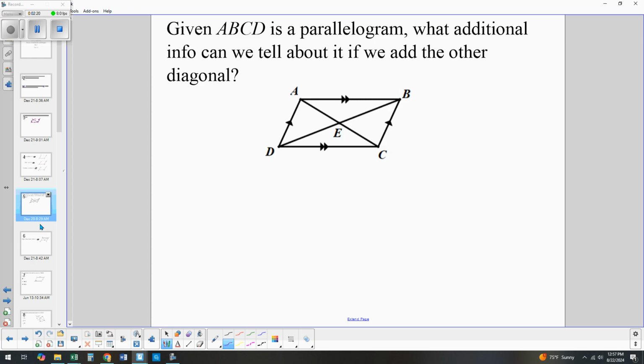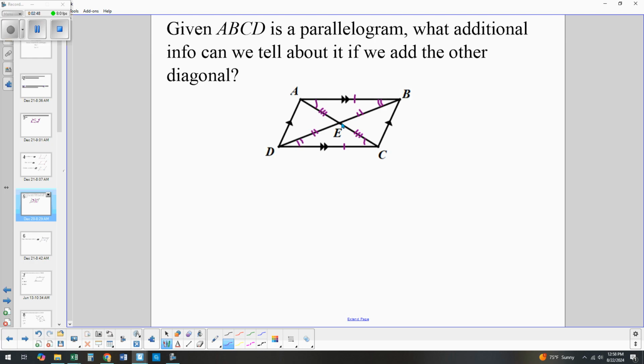If I drew both diagonals at the same time, I can also show, knowing now that the opposite sides are congruent, that these two triangles are congruent by ASA, which means that this piece here and this piece here would match by CPCTC, and this piece here and this piece here would match by CPCTC.